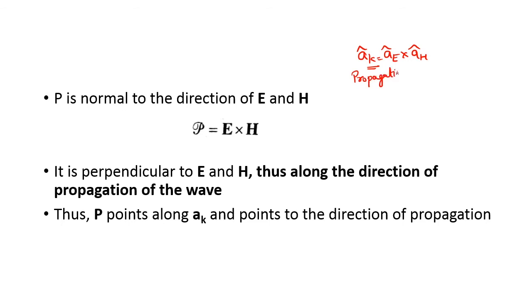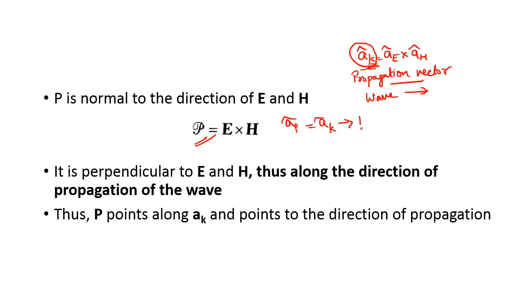What is the significance of the propagation vector? It points to the direction of propagation of the wave. So the wave direction is given by a_K. The same direction is given by P, so a_P is also equal to a_K.